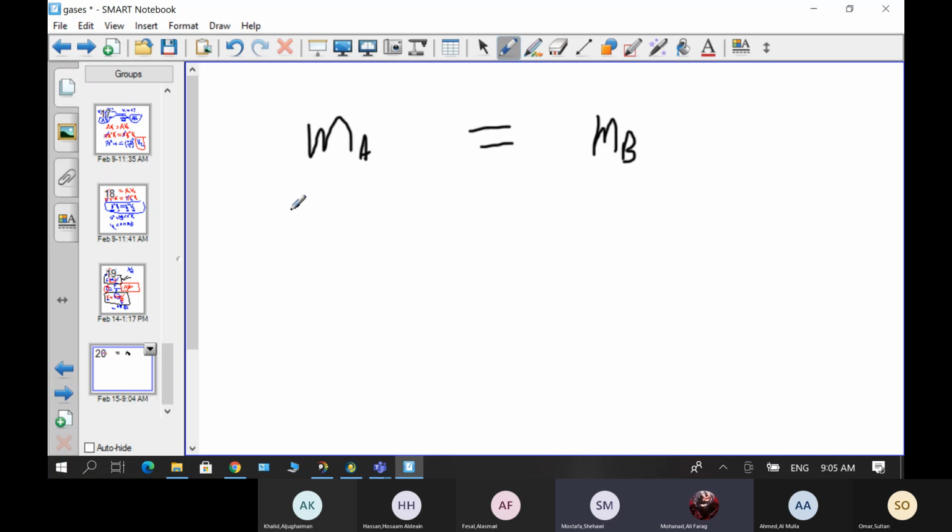Bravo. So mass equal density, so it will be dA multiplied by volume VA equal to, we use the hint that they have equal masses. This is the hint that you will start with. And here we have density of B multiplied by volume of B.